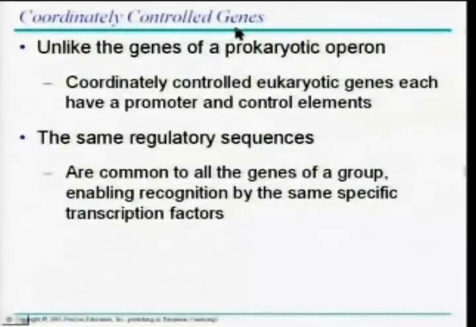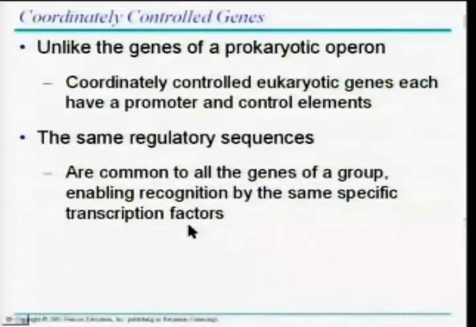Coordinately controlled genes is a next idea that we want to consider. Unlike the genes of a prokaryotic operon, coordinately controlled eukaryotic genes each have a promoter and control elements. The same regulatory sequences are common to all the genes of a group, enabling recognition by the same specific transcription factors.